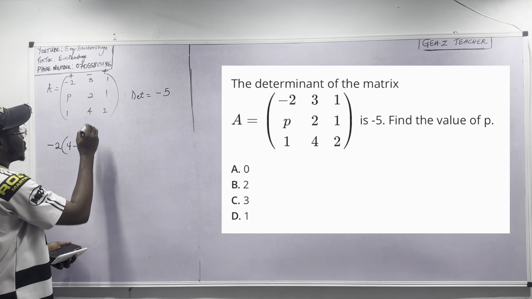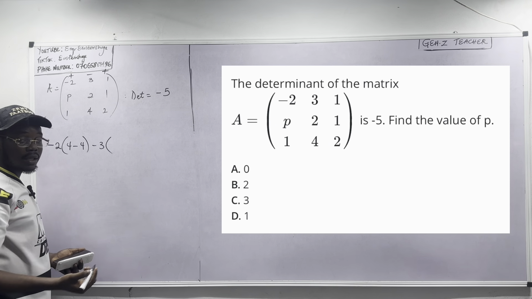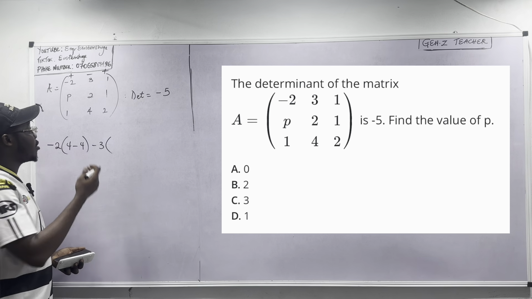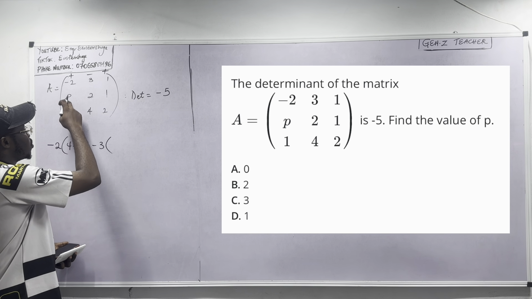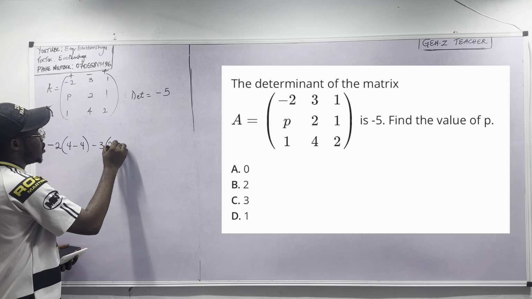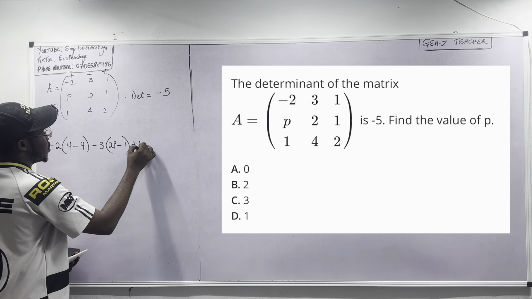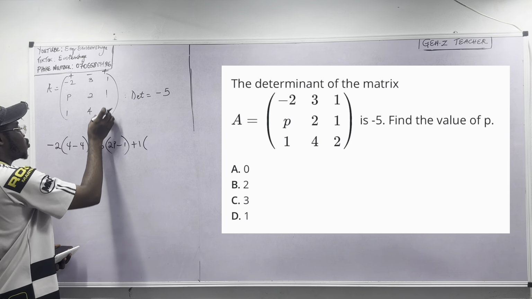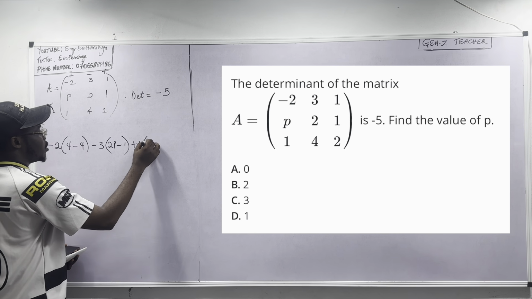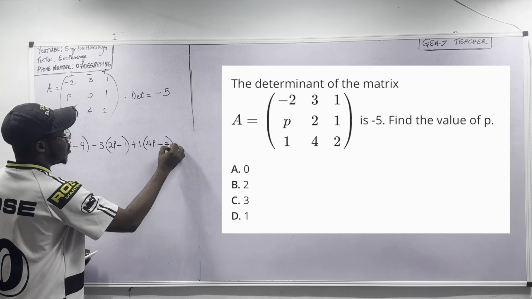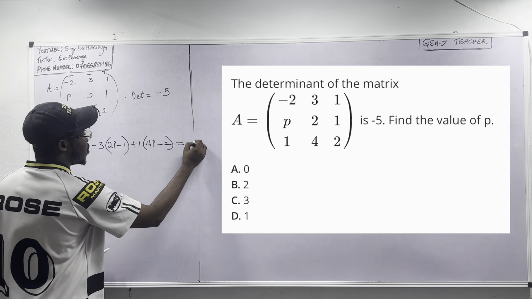Move on to minus 3, and the same pattern again. The numbers underneath and by the side won't matter. So we have P and 2, 1 and 1. P times 2 gives you 2P, 1 times 1 gives you 1. The last one is plus 1, open a bracket, and this one won't matter. P times 4 gives you 4P, minus 2 times 1 gives you 2. All this must be equal to minus 5.